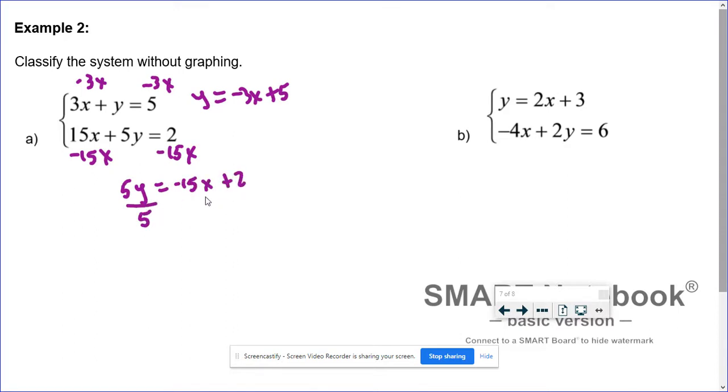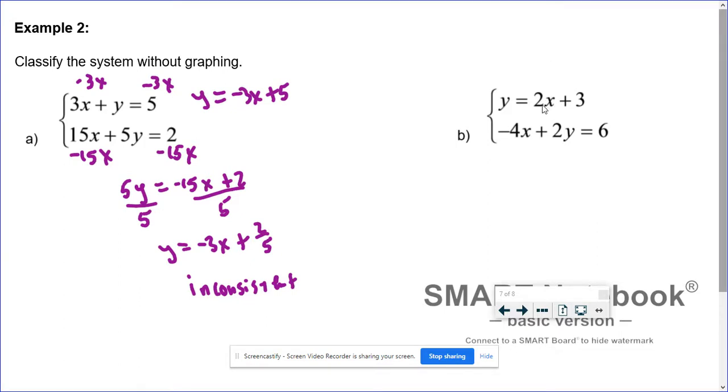Then I'm going to divide by 5, and I get y is equal to negative 3x plus 2/5. They have the same slope, but different y-intercepts. That means they would be parallel lines, so this would be an inconsistent system. If the question was asking for the solution, it is no solution.